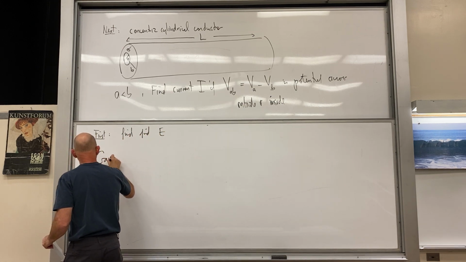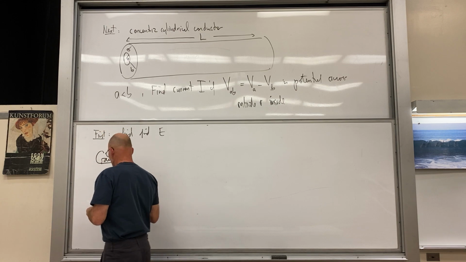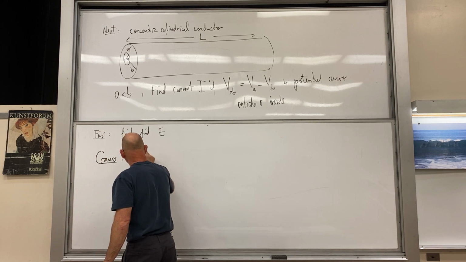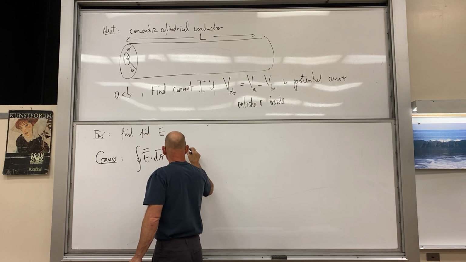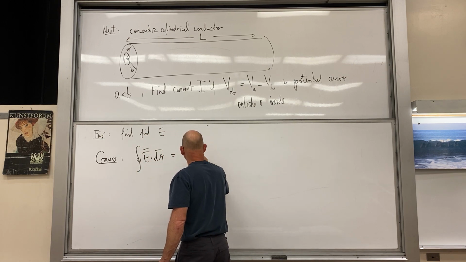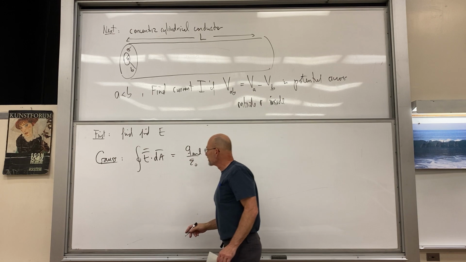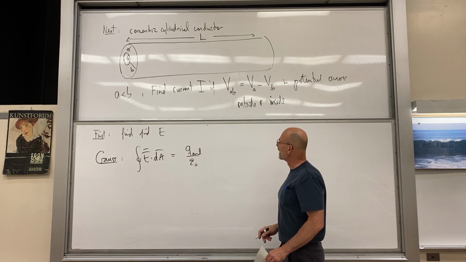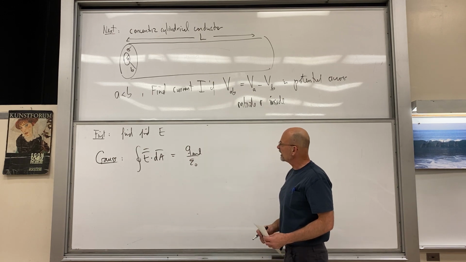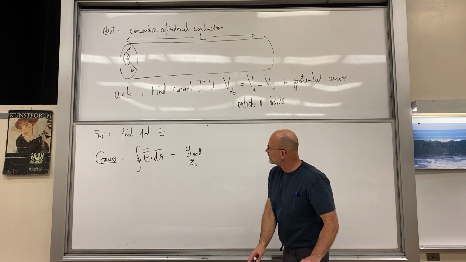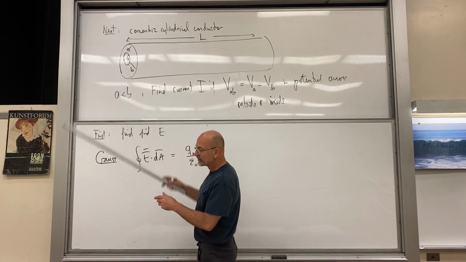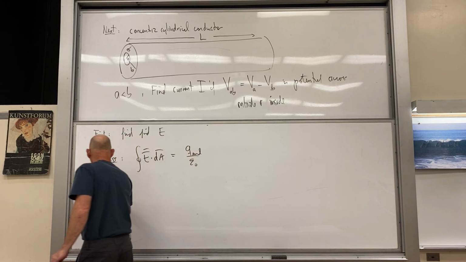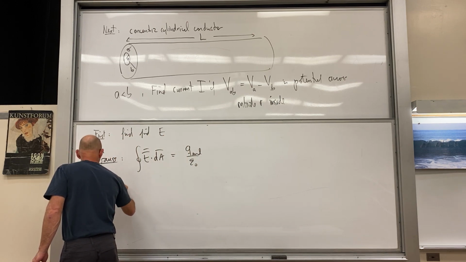Using Gauss, first of all, we'll formulate it. E dot dA is equal to the enclosed charge divided by epsilon naught. Gaussian surface: we're just going to let S, I should have drawn that here, be a radius between A and B. So I'll write A less than S less than B.